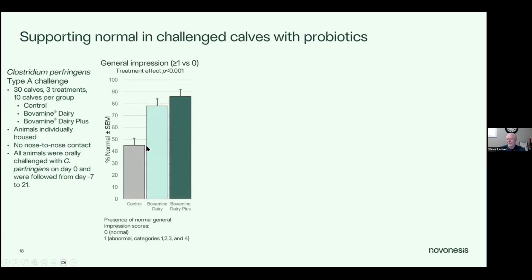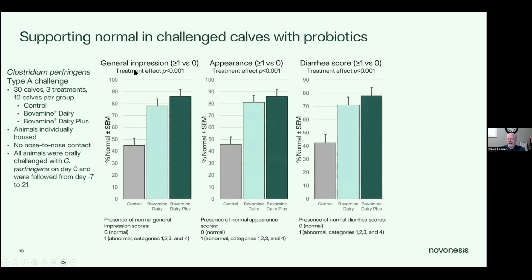We measured three things: a general impression score, an appearance score, and a diarrhea score. If the general impression and appearance were normal, then the animal on that day got a score of 0. For any abnormality, depending upon the severity, the calves on that day were given a score of 1 to 4.